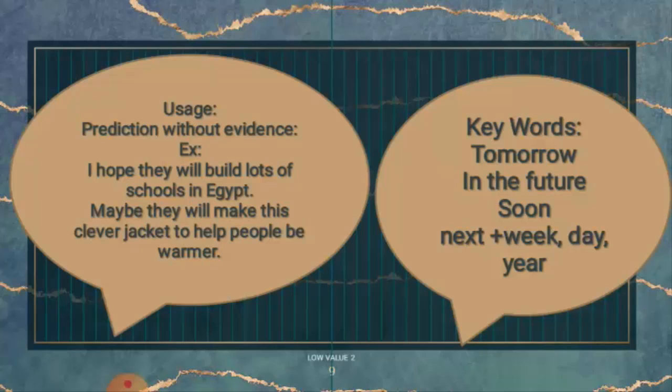The key words are those that indicate that you should use simple future tense. These key words are tomorrow, in the future, soon, next, next week, next day, and next year.